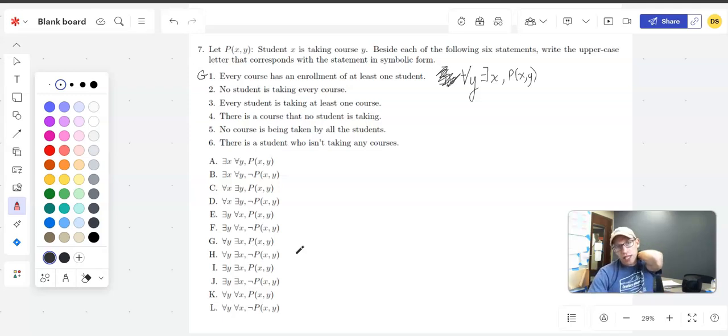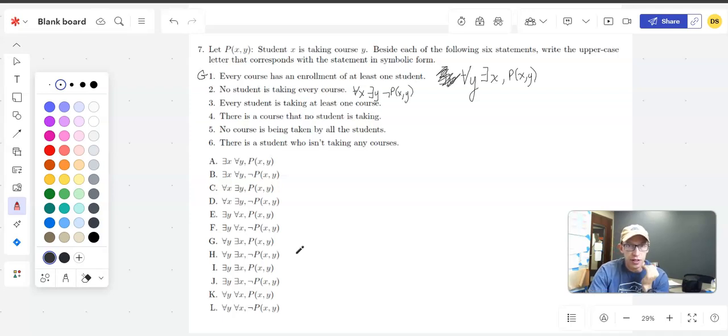Second one, no student is taking every course. Well, that means any student that you come up with, there's at least one course they're not taking. So for any student you come up with, there exists at least one course that the student is not taking. This one's a bit trickier.